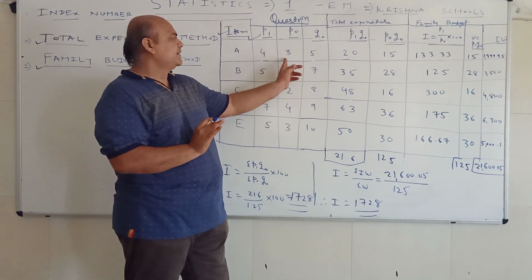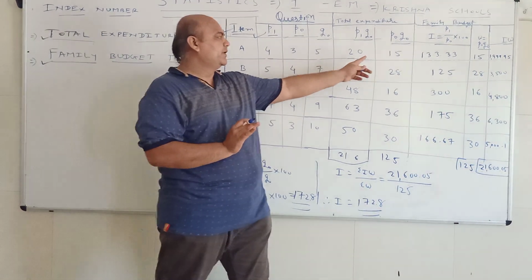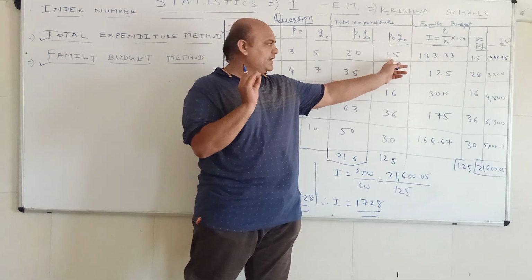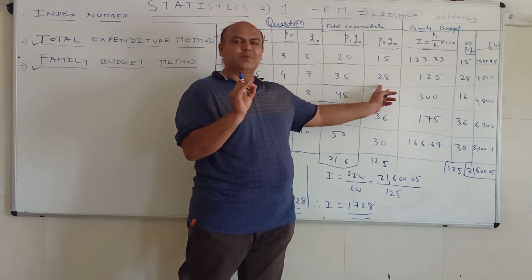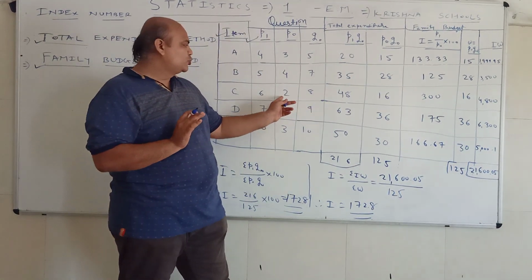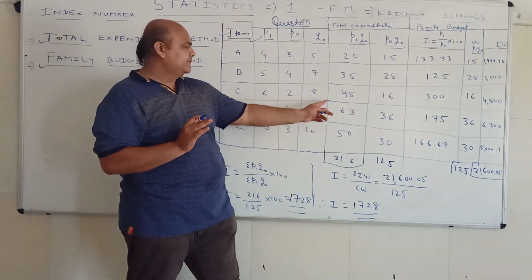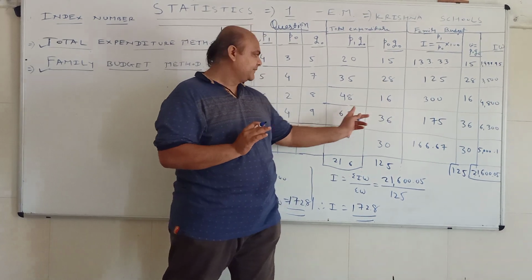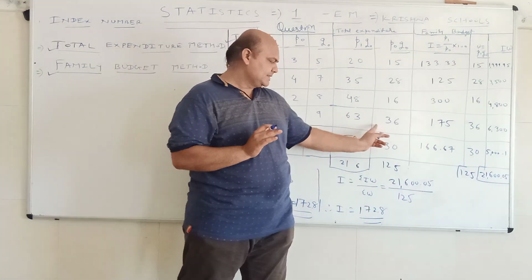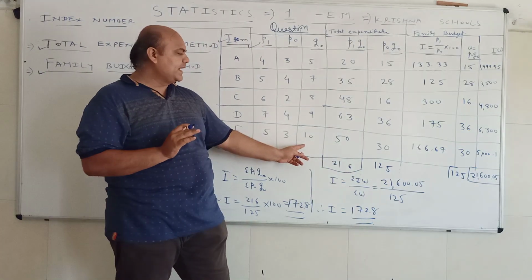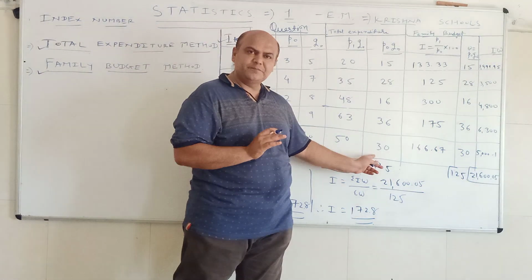Here it is 3 into 5, answer is 15. 4 into 7, it is 28. 2 into 8, 16. 4 into 9, 36. 3 into 10, 30.